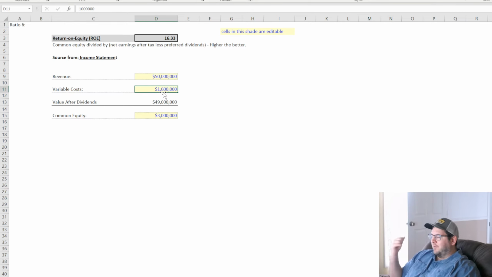You could also have, let's say, every time you sell a car, you have to pay a 2% processing fee to something. Well, that 2% is essentially going to be a direct cost related to revenue. It might not be a cost of goods sold. So variable costs are cost of goods sold as well as other costs directly related to revenues that change with revenue.